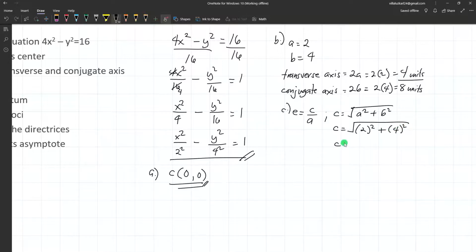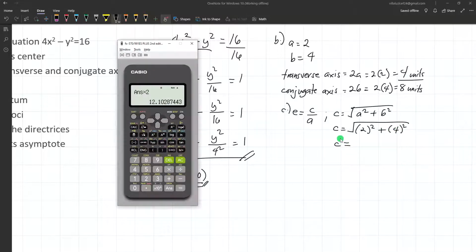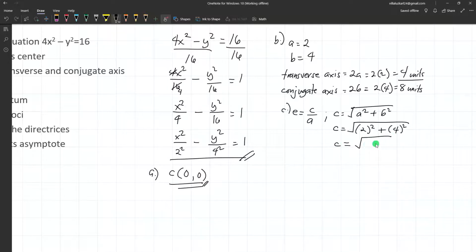C is equal to the square root of 4 plus 16. C equals the square root of 20. C equals the square root of 4 times 5.